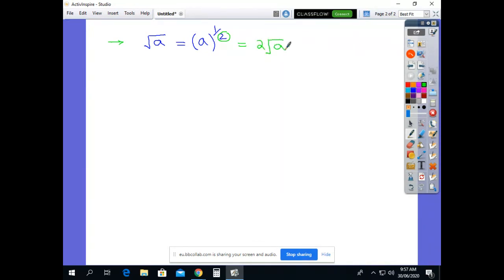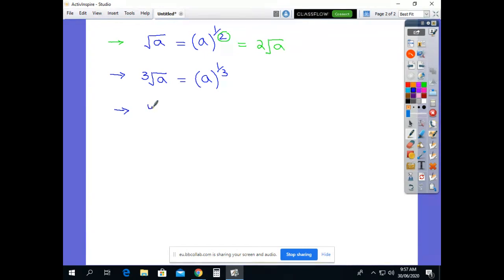The next one is the radical sign with 3 and a, which means cube root of a. Why do we call it cube root? Because we can write it in exponential form as a raised to power 1 by 3.